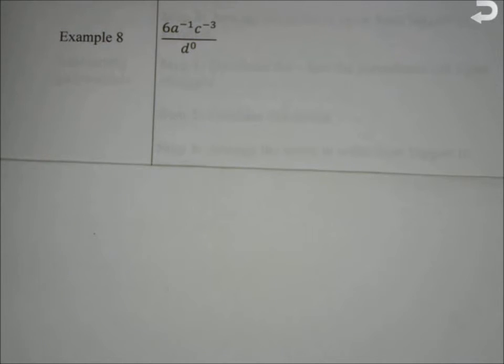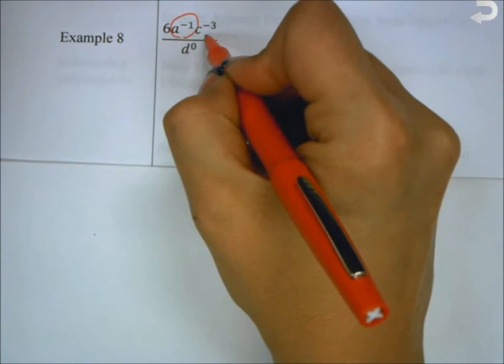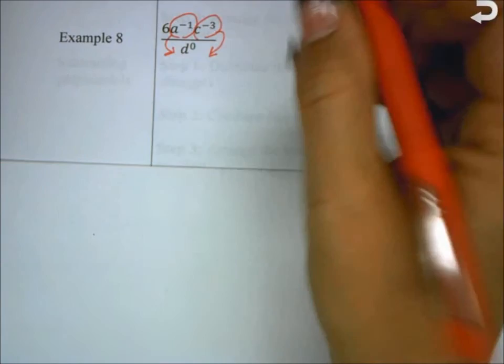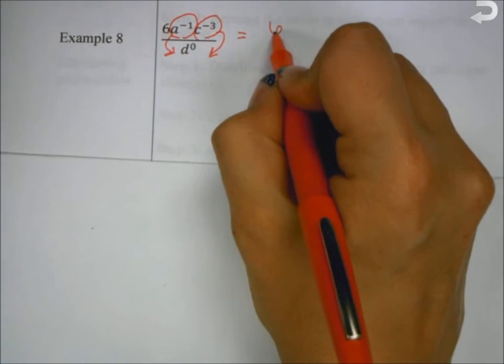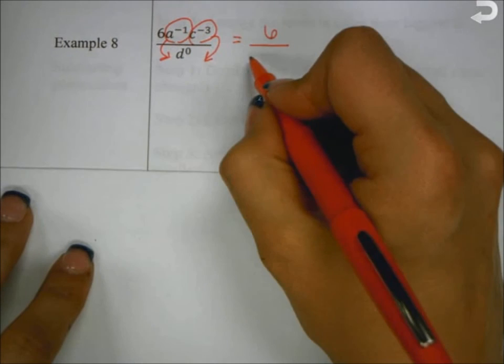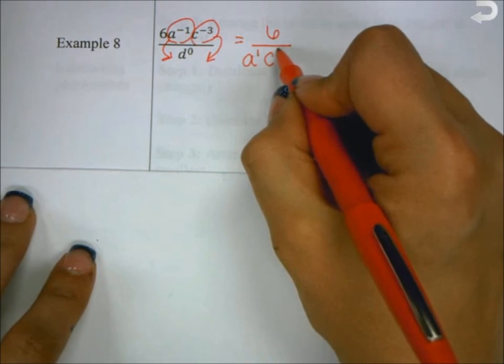A to the negative 1 and C. So both of those have to move downstairs. So who's living upstairs? 6. And who's living downstairs? A to the positive 1, C to the positive 3, and D to the 0.